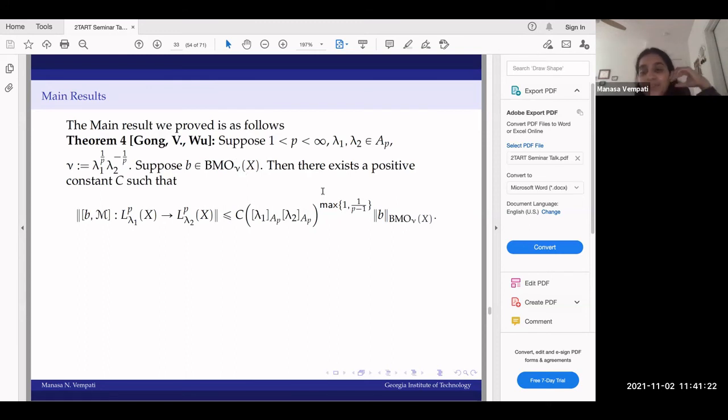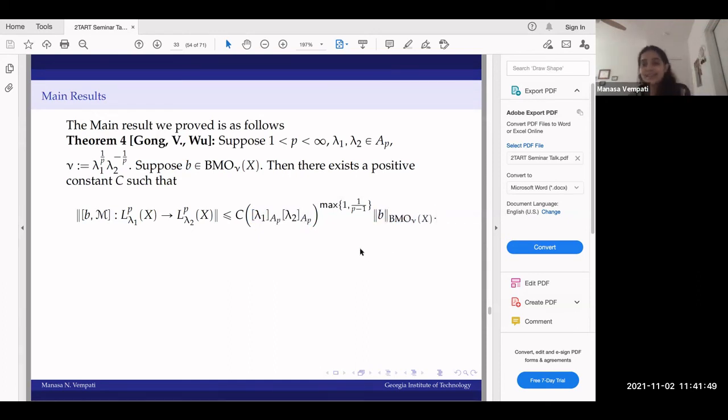And we prove that there is a constant C such that the operator norm of the commutator going from L^p lambda 1 of x to L^p lambda 2 of x is bounded above by this constant C times the A_p weights of lambda 1 and lambda 2 raised to a certain power, multiplied with the BMO norm of b.